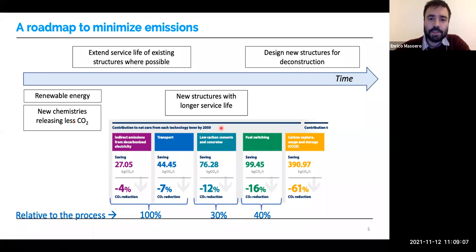So this graph here shows the roadmap that has been cast by the UK concrete group that is part of the Mineral Products Association, and they are trying to reach net zero emissions by 2050. Without going into too much detail, what this data shows is that they want to remove all of the emissions that come from transportation and from electricity that is being used in various stages of concrete production. So they want this to be completely carbon-free, typically using electricity from renewable sources.